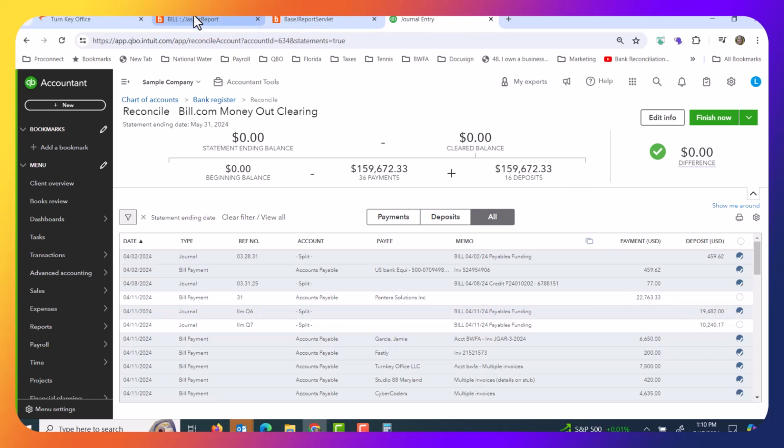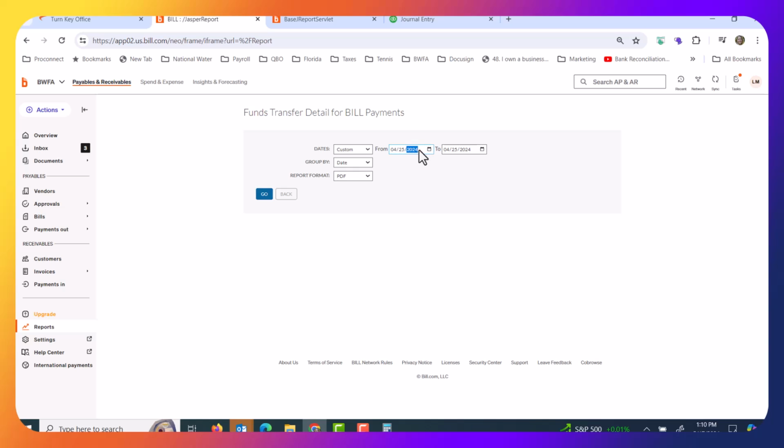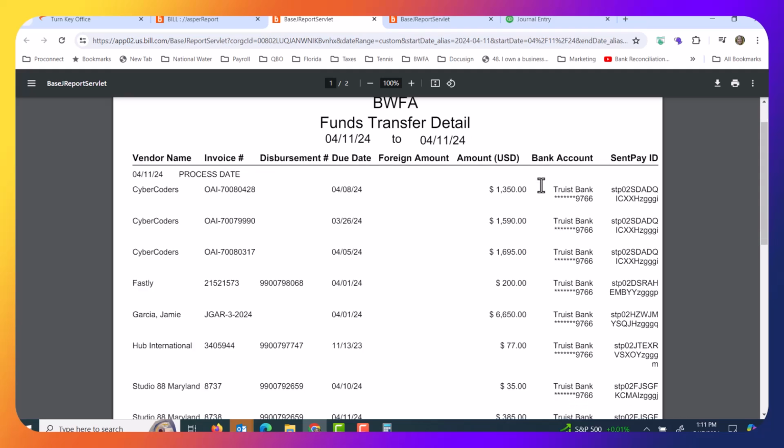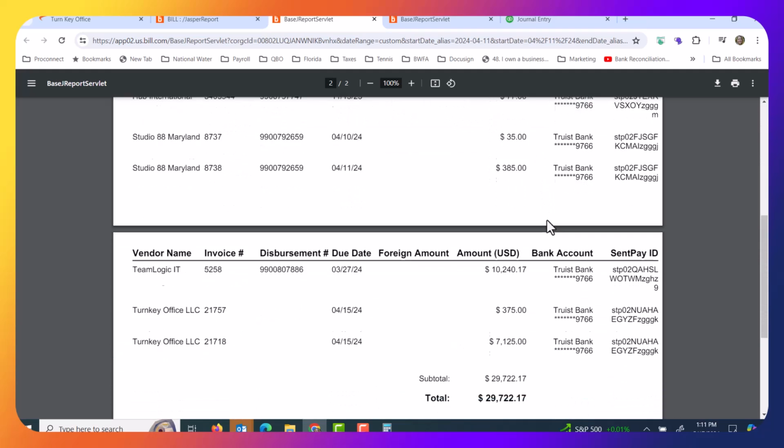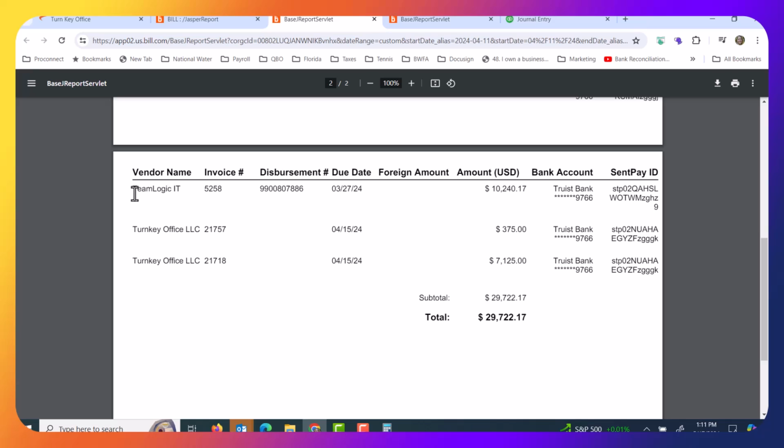So let's go back to our Bill.com, and now we're going to look at funding transfer detail for the 4/11 date. And we're going to come down here and look at this, boom, right here, TeamLogic IT. There was a bill that was originally funded for 10/240/17. It was pulled and sent, but they have subsequently voided that transaction and put that money back into the client's bank account.